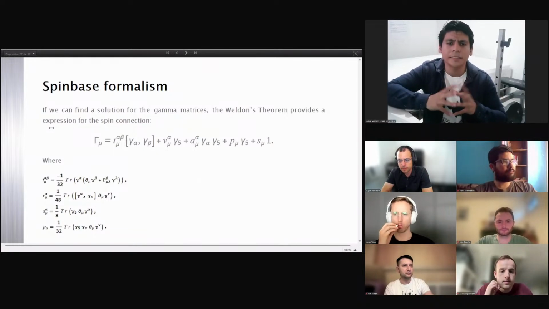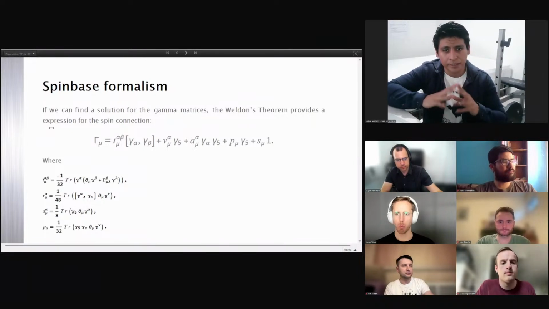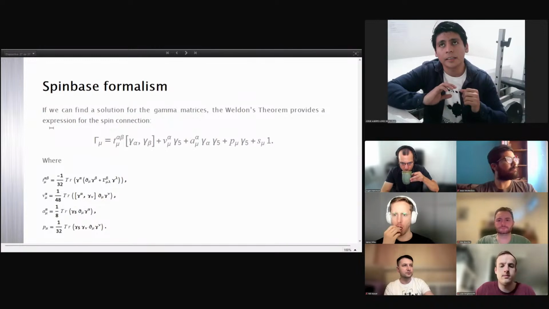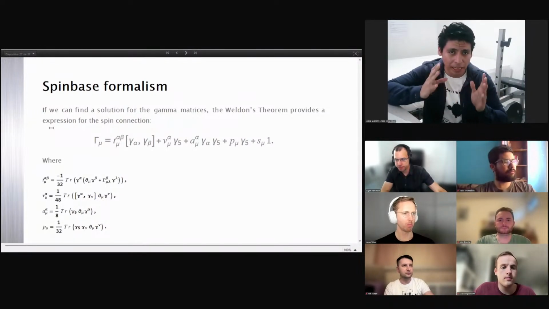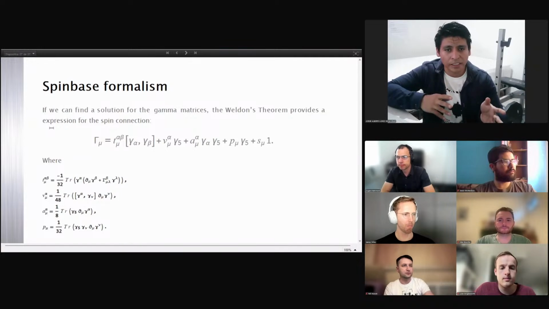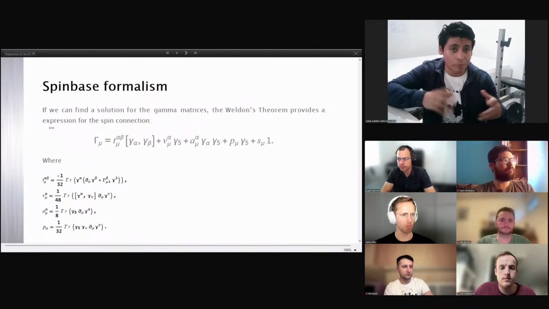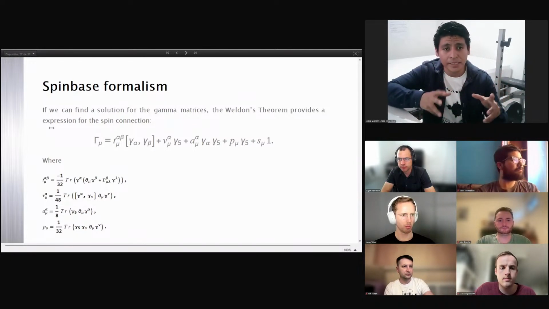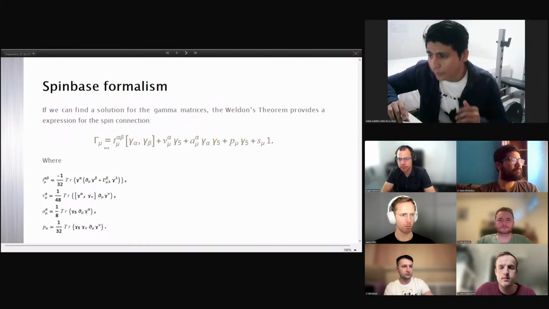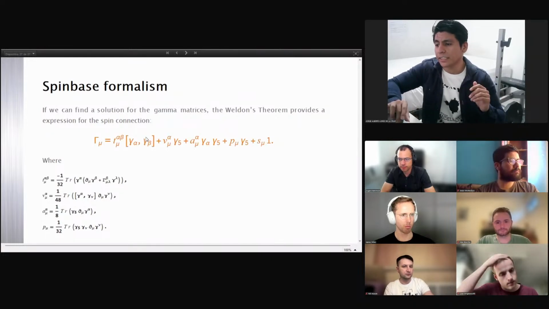What is the spin-based formalism telling us? Oversimplifying, it is telling us, all right, find your gamma matrices. I don't know how, but if you have your gamma matrices, you can build every mathematical object with the gamma matrices, not with the tetrads. For example, the spin connection here has this expression.